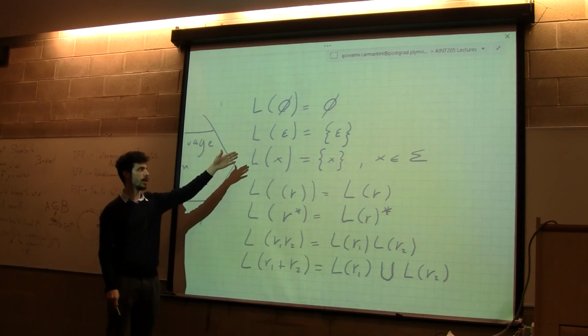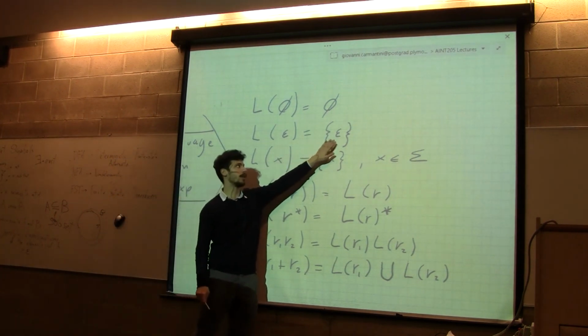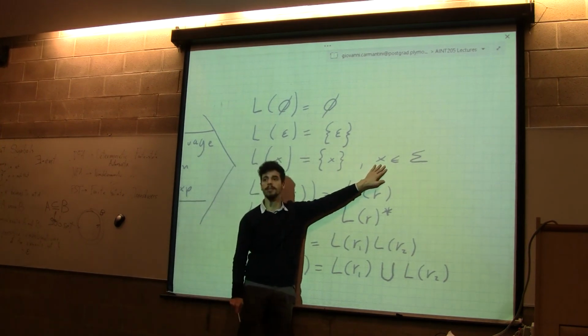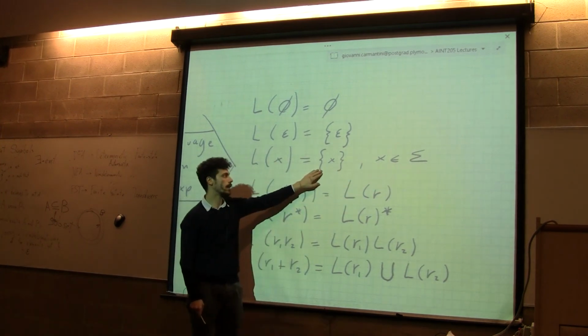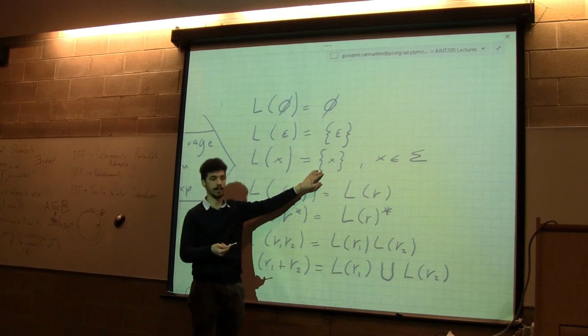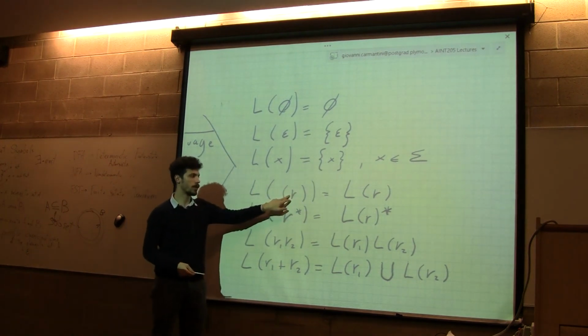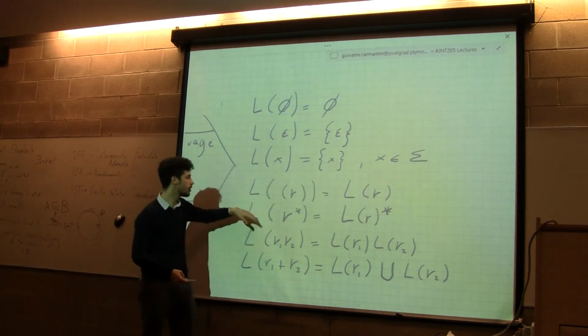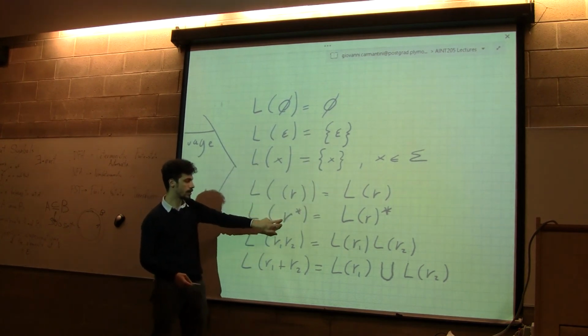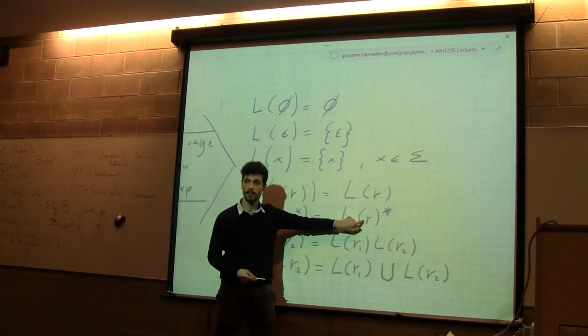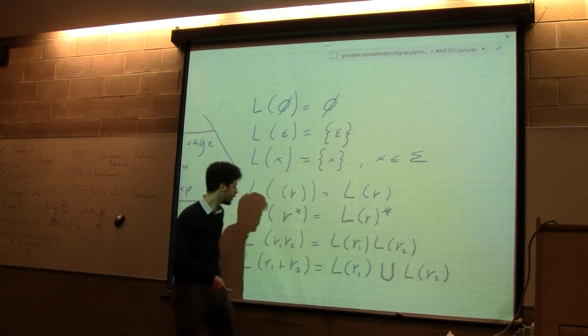L of the empty string is a set containing the empty string. L of whatever symbol from our alphabet is a set containing that symbol. L of a grouped regular expression is just L of the regular expression. L of a starred regular expression is the language of the regular expression starred.